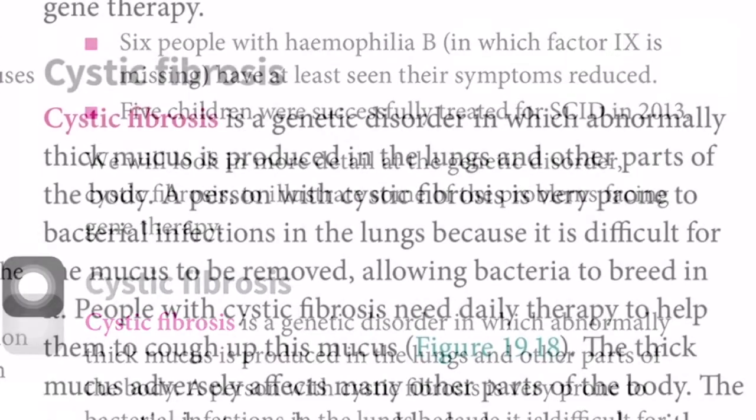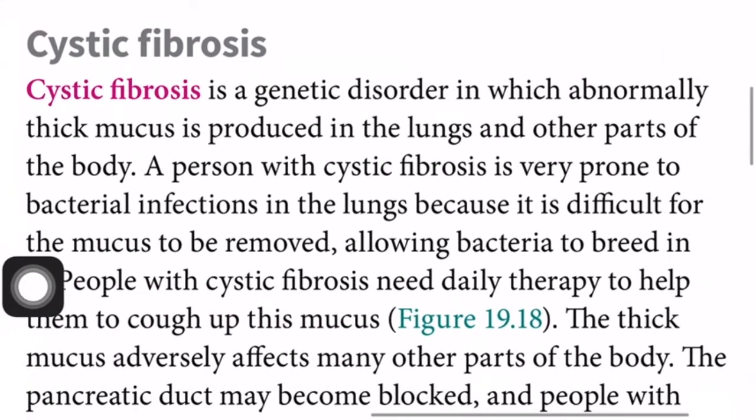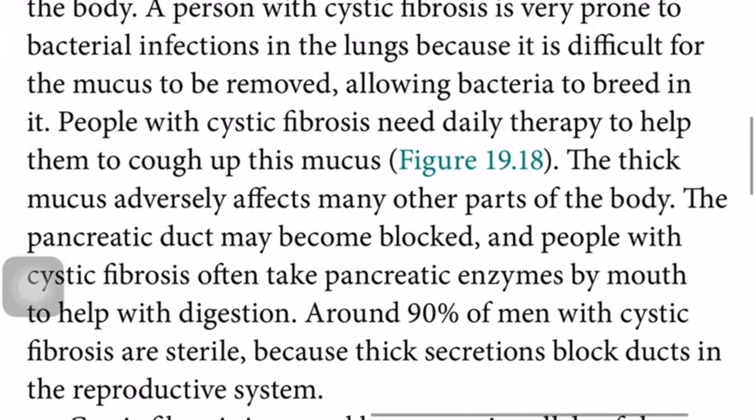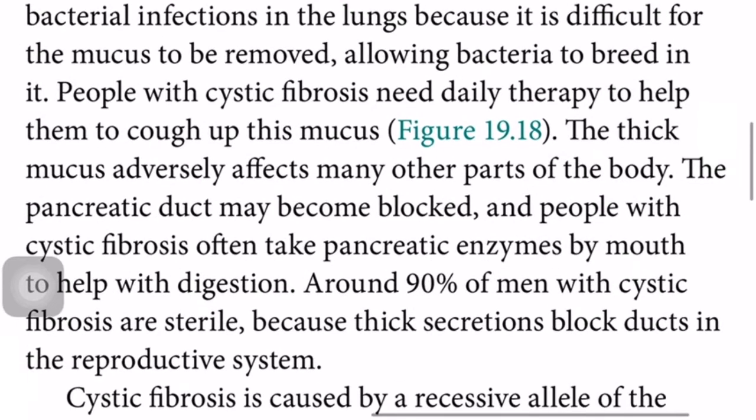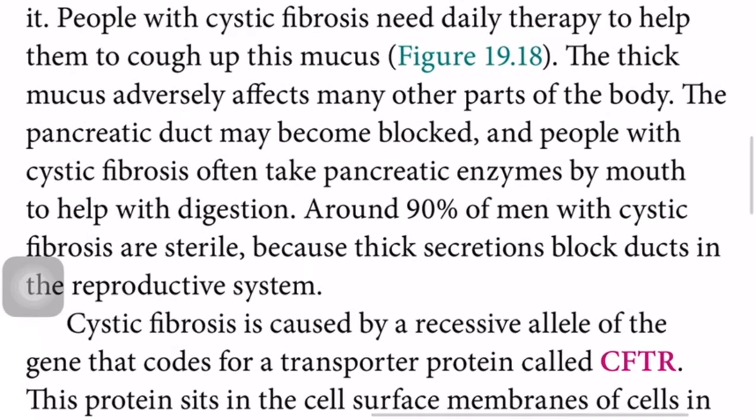Cystic fibrosis is a genetic disorder in which abnormally thick mucus is produced in the lungs and other parts of the body. A person with cystic fibrosis is very prone to bacterial infection in the lungs because it is difficult for the mucus to be removed, allowing bacteria to breed in it.